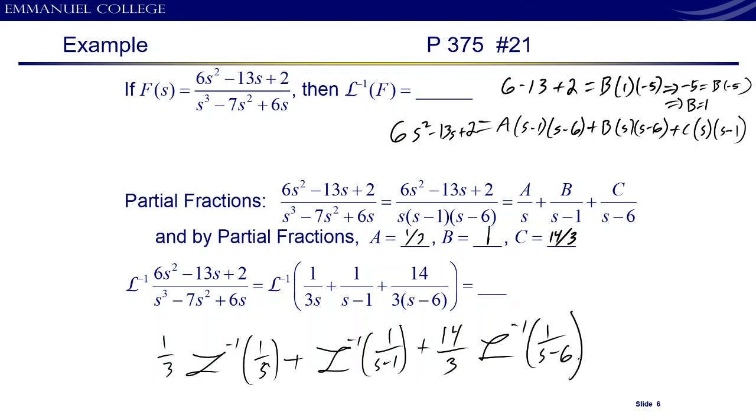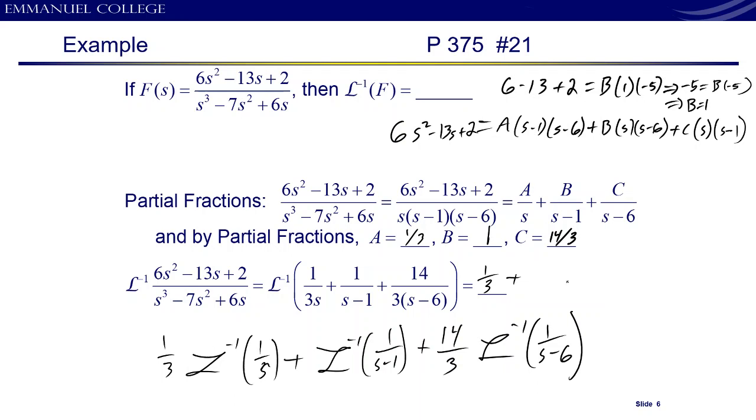So this is just going to be 1/3 times, just 1/3, because 1 over s is just the Laplace transform of 1, which is the definition of the Laplace transform.